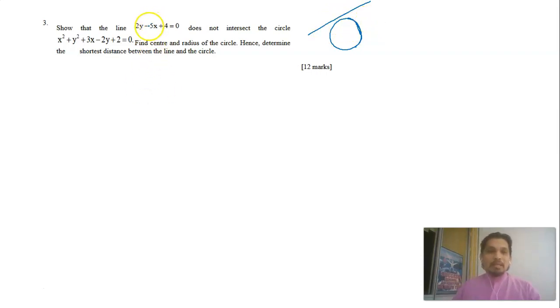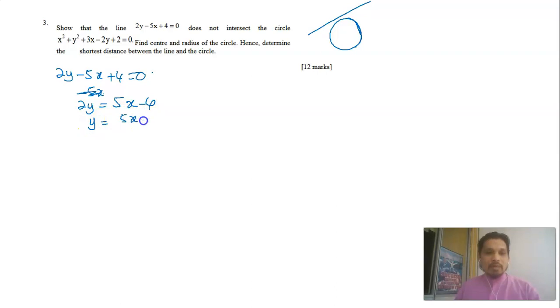So from this 2y minus 5x plus 4 equal to 0, I make this one as 5x. Make this one as 2y equal to 5x minus 4 and y equal to (5x minus 4) divided by 2.